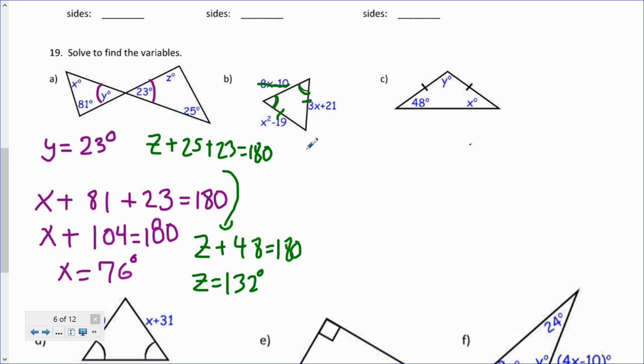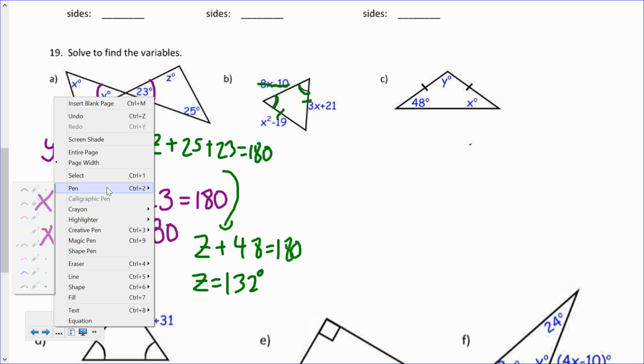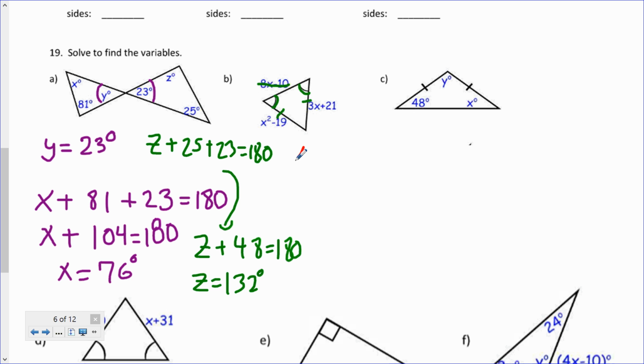So I can create an equation, and my equation is going to be x squared minus 19 equals 3x plus 21. So immediately when you see this x squared term, you should realize that you're more likely than not going to have to use MAF.